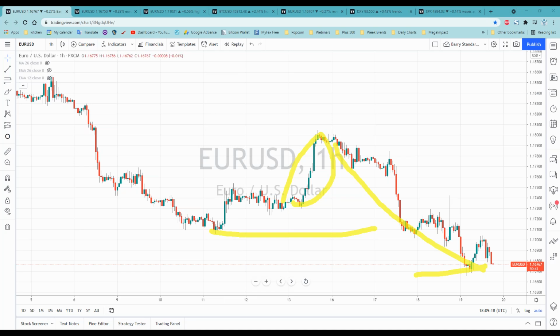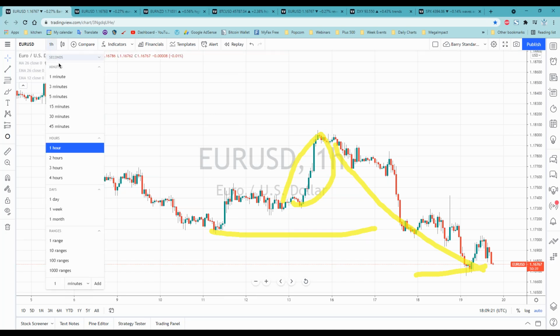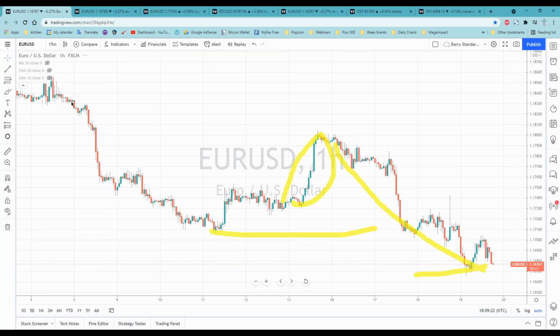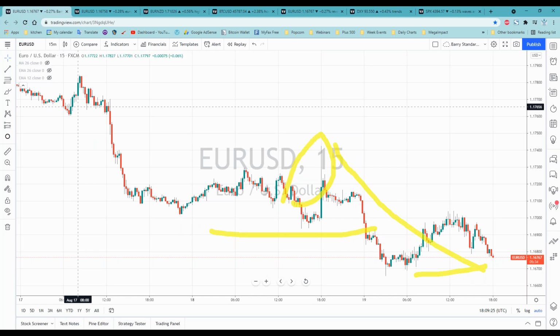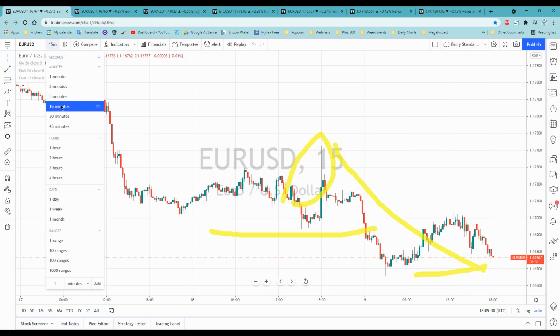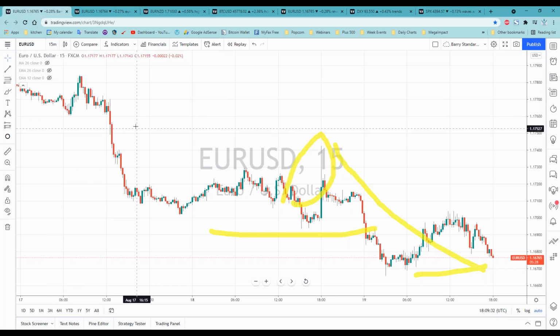Now, let's move this to a 15-minute chart. Come on, charts. I did move it to a 15-minute. Why isn't the price changing?